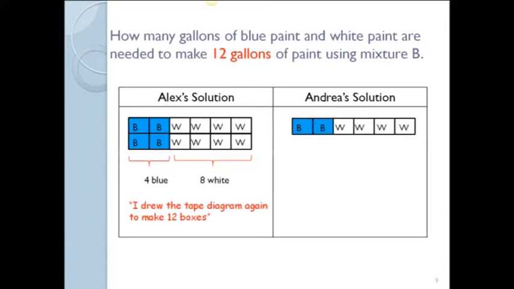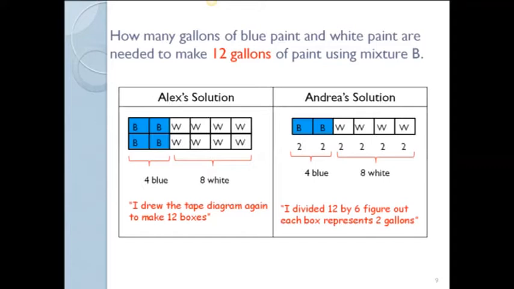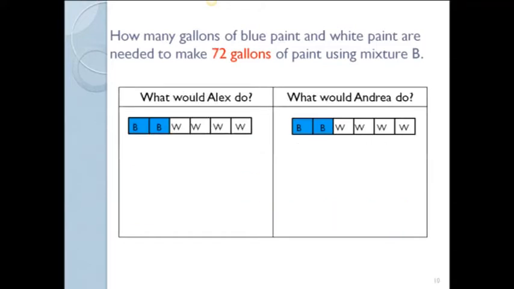Andrea draws the same initial picture and notices that if each rectangle represents 2 parts, that's 12 total parts. Alex's method is much more concrete. Andrea is using her tape diagram as a recording tool, which is a nice transition to being more abstract and more efficient. If we increase the size of the mixture from 12 to 72 gallons, let's examine what each might do.